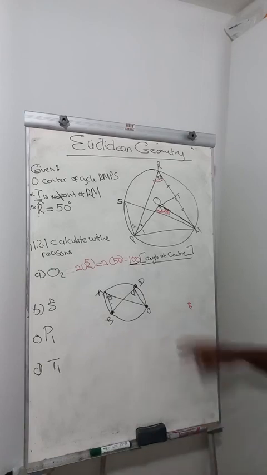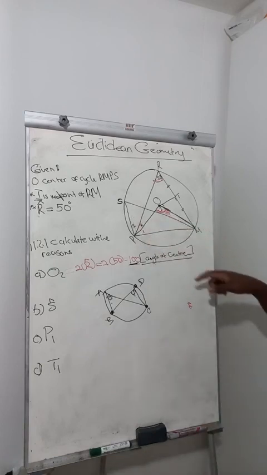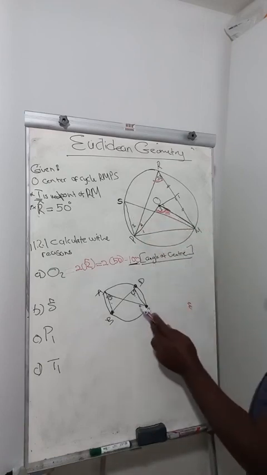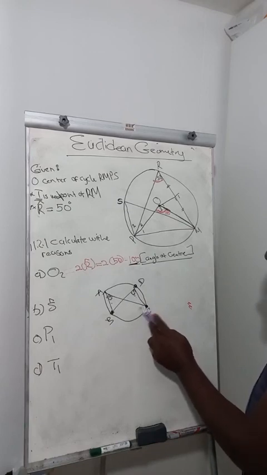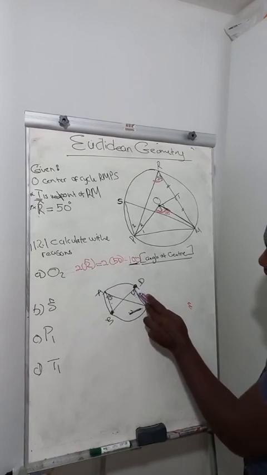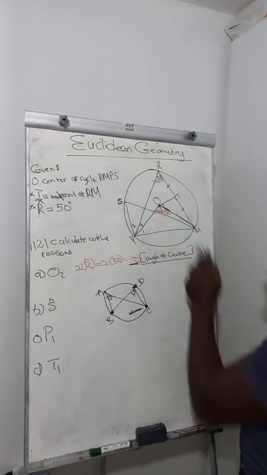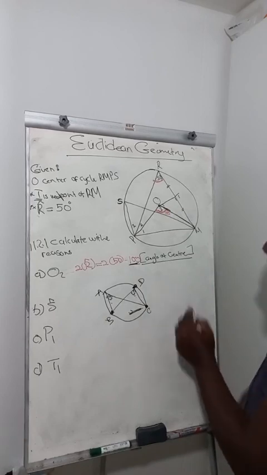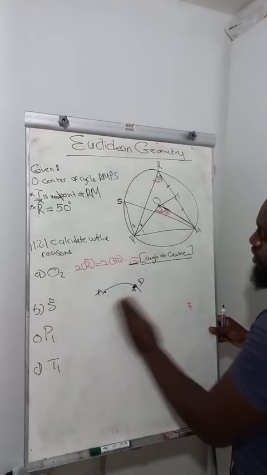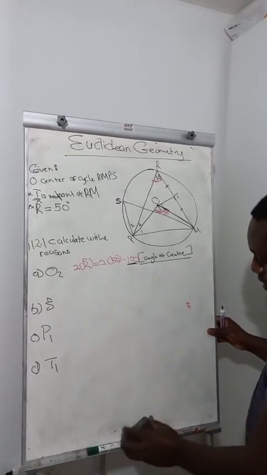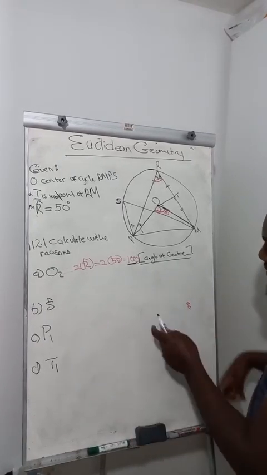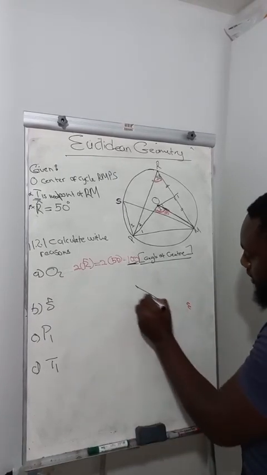But if we look at this diagram here, you have a similar diagram to this one. But the problem is this other part here is touching the center of the circle. So let me try to draw it out so that you can see what I'm referring to. You are having something like this.